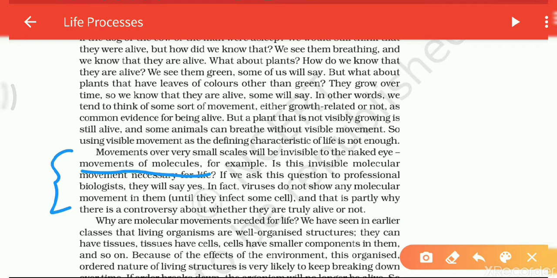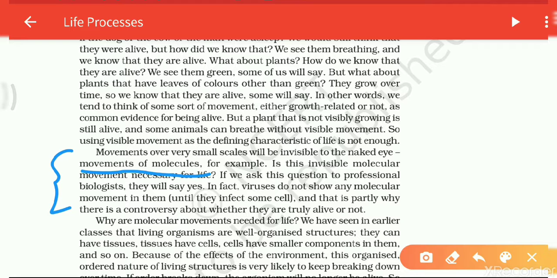Now, students, you know that all organisms are made up of what? Cells. And the cells themselves are made up of very small particles called molecules, and the movement of the molecules is so small that it is invisible to the naked eye.